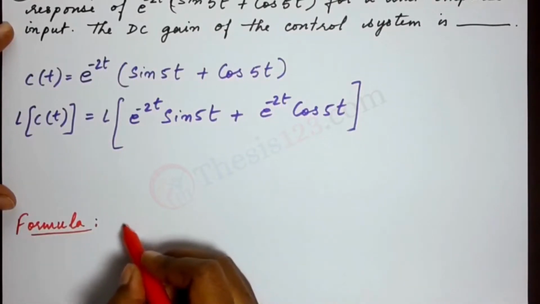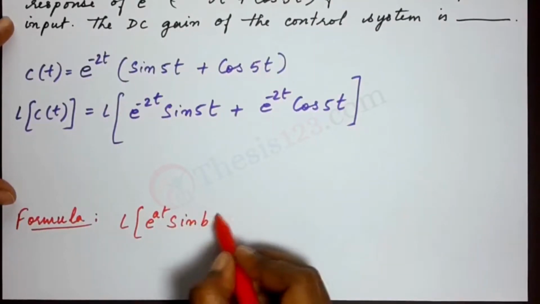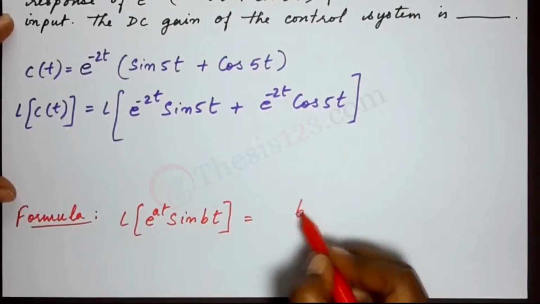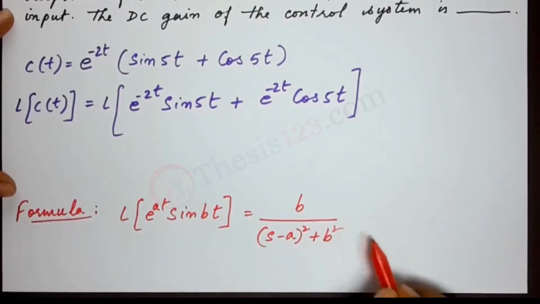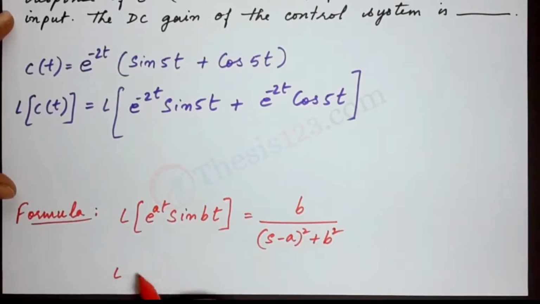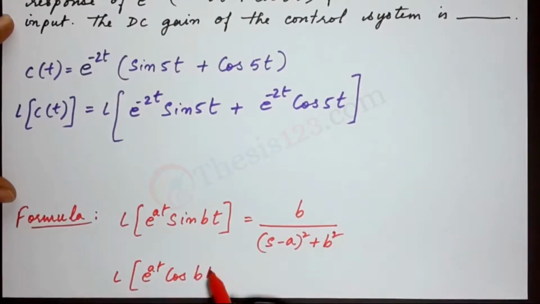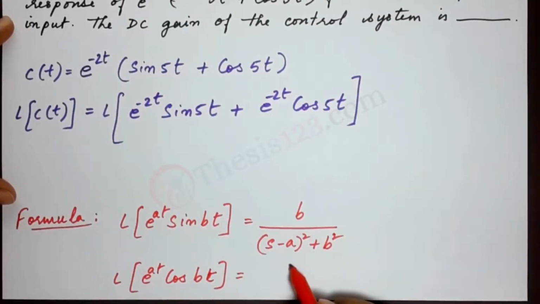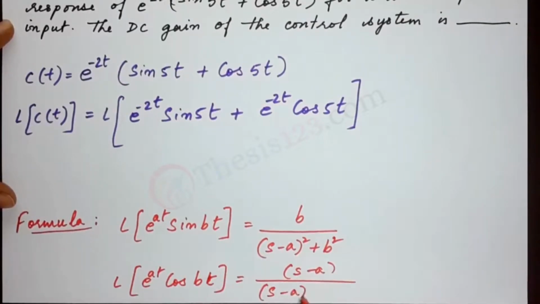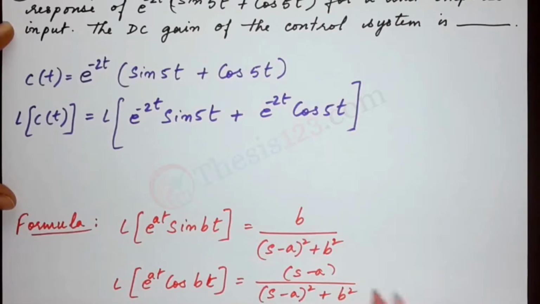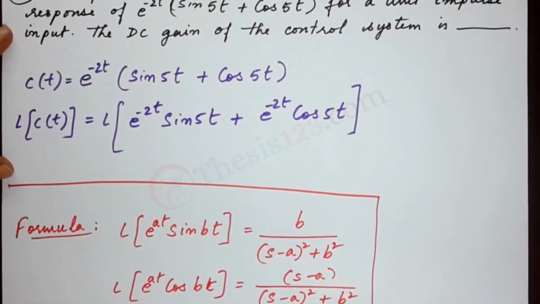The first one, Laplace of e power at sin bt is b divided by (s minus a) whole square plus b square. Similarly, we have the Laplace of e power at cos bt to give us (s minus a) divided by (s minus a) whole square plus b square. Important formulas, please keep in mind.